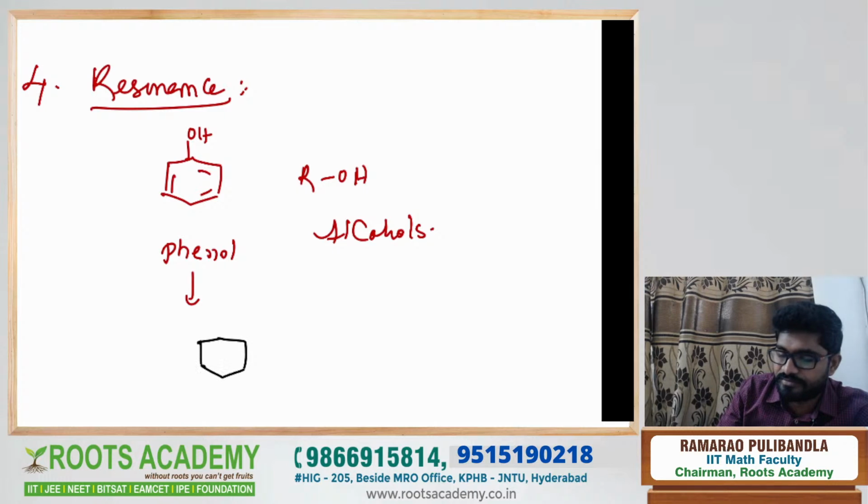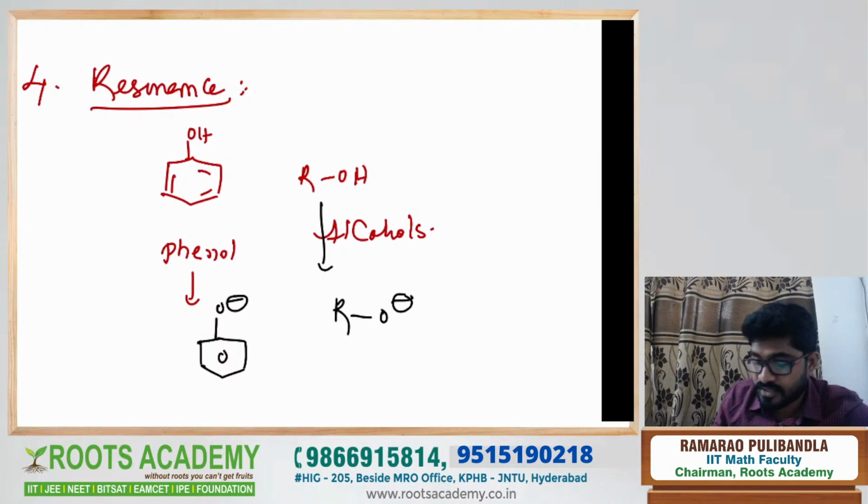Yes, Bonnie, very good. So this is the conjugate base, O minus. Here, after removing the proton, this is what we get. So O minus is there. R is the donating group, it intensifies the charge.